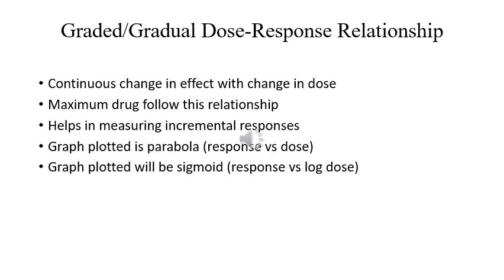A plot of response versus log dose will give a sigmoidal curve. If we convert the dose into log dose and again plot a graph, then we will receive a sigmoidal curve.